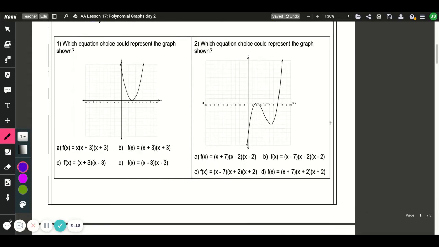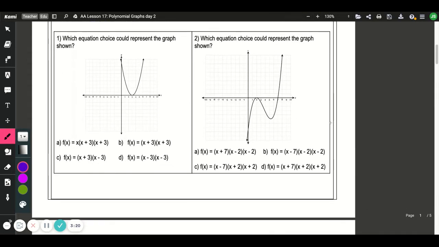So one of the sections in your delta, you're just matching which one of these could represent the graph shown. So remember on lesson 16, I said that if it hits, so here's our 0 right here at +3, right? If we write that as a factor, that's x minus 3.